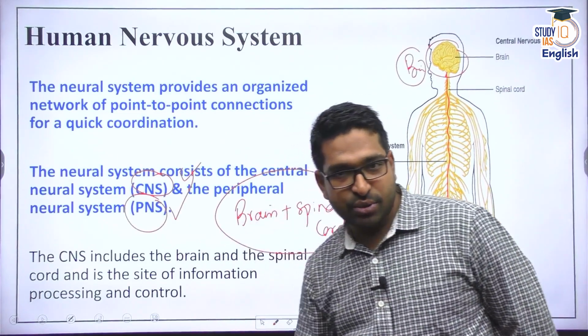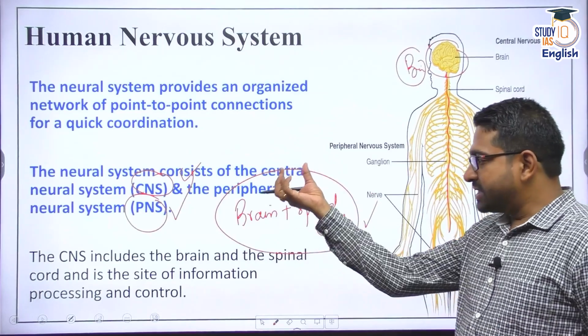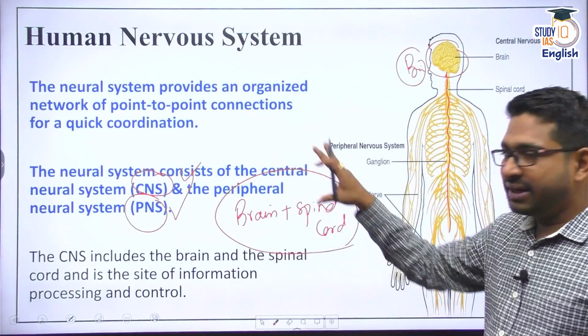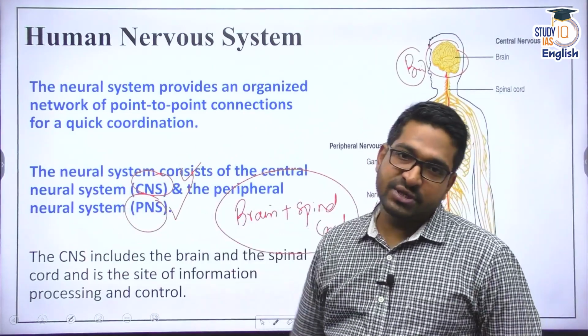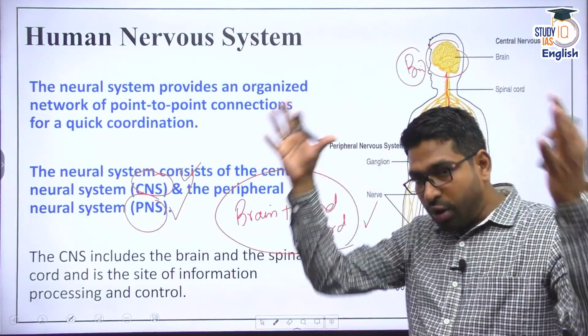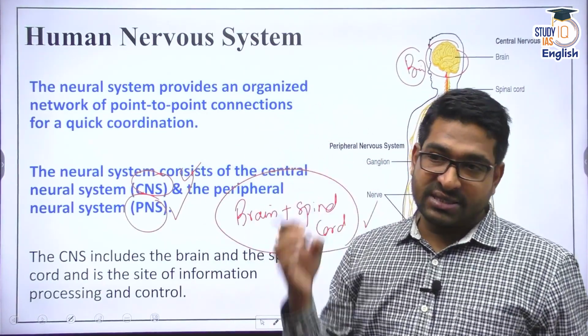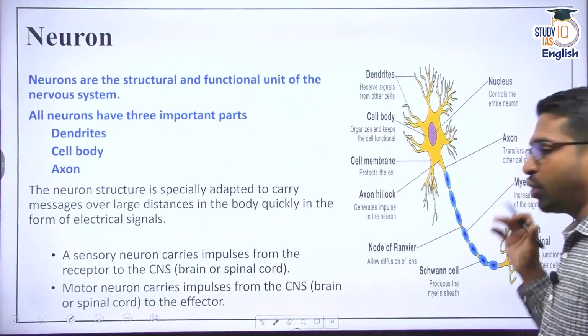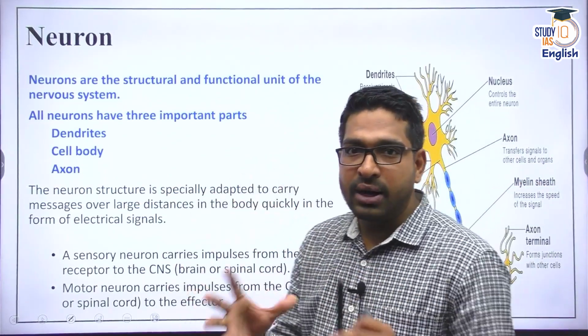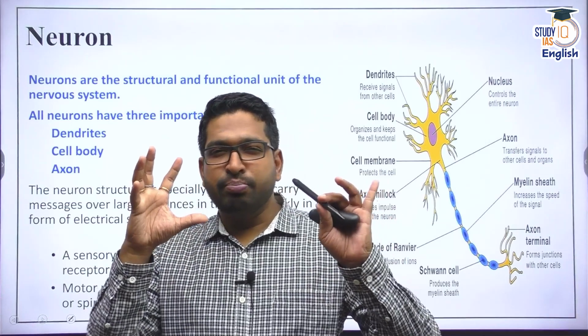All the messages, all the information, is relayed through this central nervous system, and ultimately from here it is connected to the peripheral nervous system. And please remember, our entire nervous system is a combination of the basic cell, that is, a neuron. What is the brain? The brain is basically a ganglion, or an amalgamation of billions of neurons.